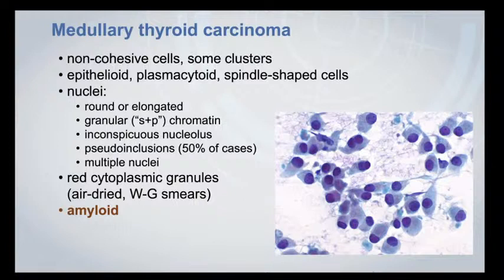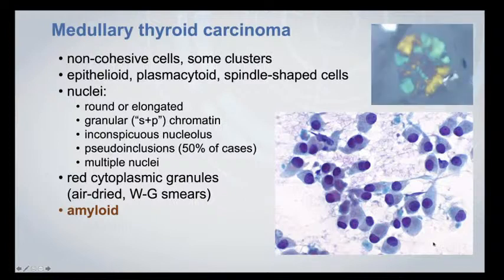I know that this is amyloid in this image because I know that this is a medullary thyroid carcinoma, but I don't think I have any magic answer for you on how you would distinguish colloid from amyloid, except to say that if you want to do a Congo red stain, as shown in this upper right image, you will, of course, find that beautiful apple green birefringence that is characteristic of amyloid.